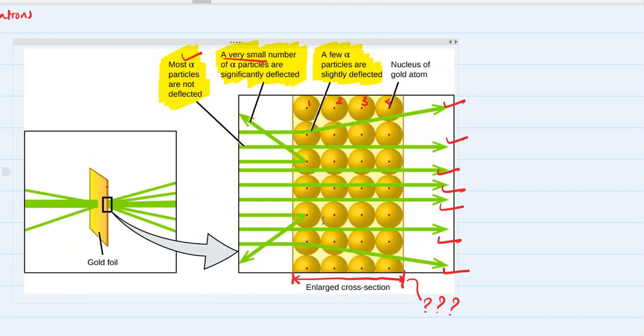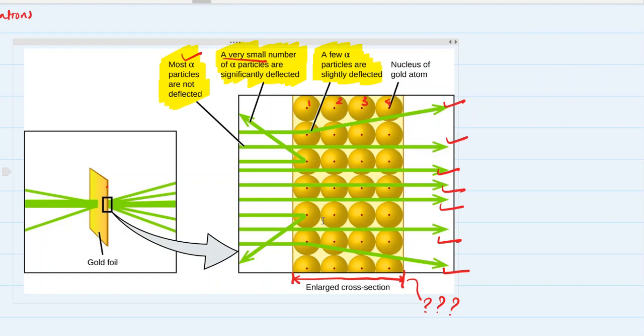Atom as a whole is relatively empty. In the center of every atom, there must be a small, impermeable, non-penetrable mass which is concentrated in a very, very small volume, which has a huge density, and that consists of positively charged particles, that are protons.